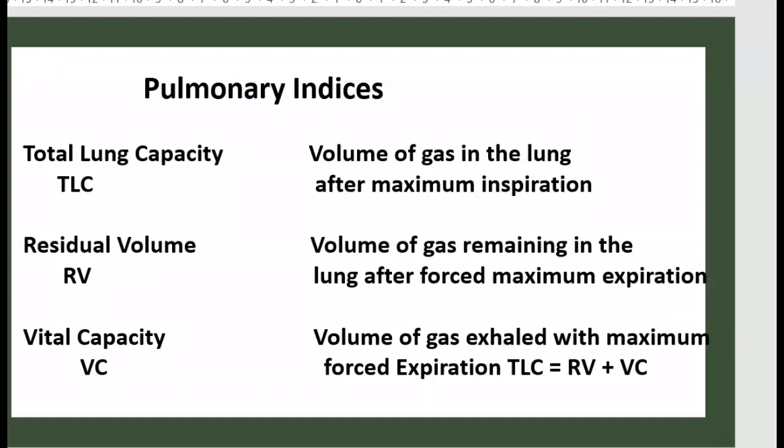Total lung capacity is the volume of gas in the lung after maximum inspiration. Vital capacity is the volume of gas exhaled with maximum forced expiration. The difference between them is the residual volume, which is the volume of gas remaining in the lung after maximum forced expiration.